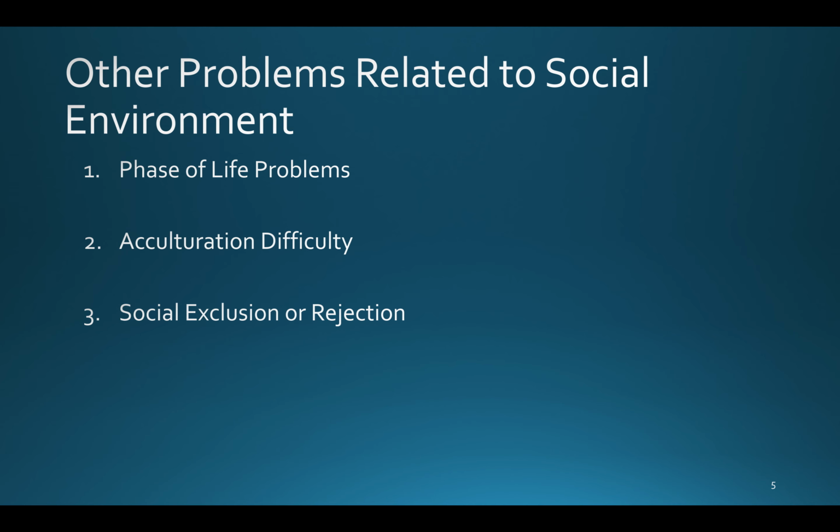Difficulties with acculturation for individuals who belong to a minority culture living in a majority culture context. Issues of social exclusion and rejection. This is not a comprehensive list, but some important ones to mention here. Social exclusion and rejection can include things like experiences with homophobia or experiences with transphobia, things of that nature.